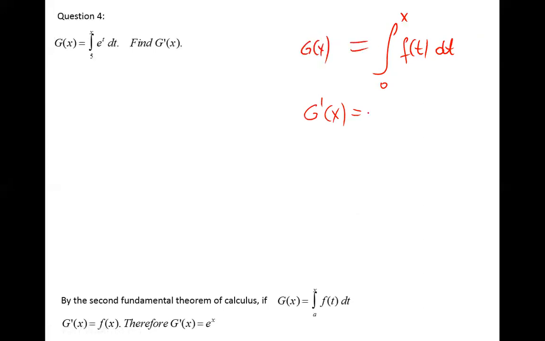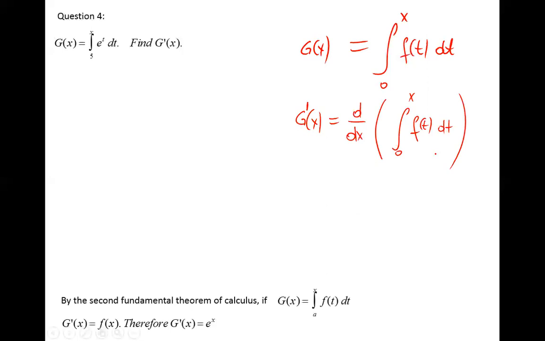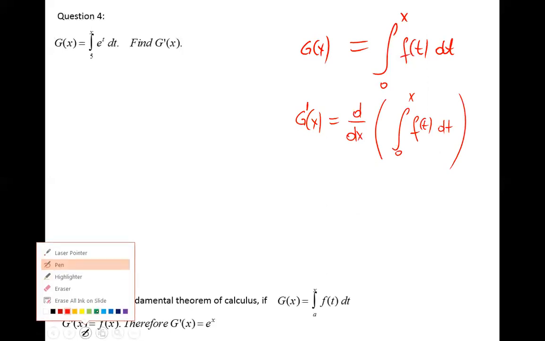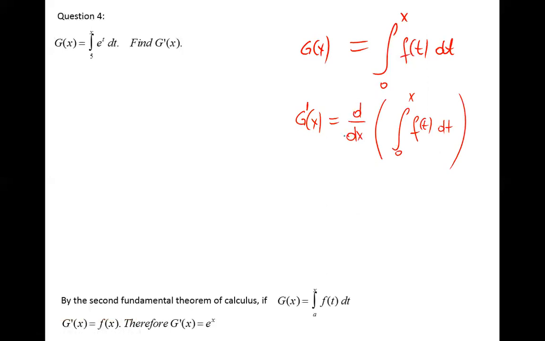Actually, I can write it down. That means taking the derivative with respect to x of this integral with respect to t, because we will substitute. That's what I was going to show you, that differentiation and integration can cancel each other.